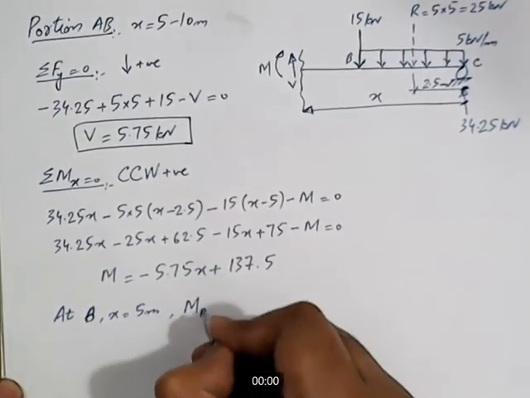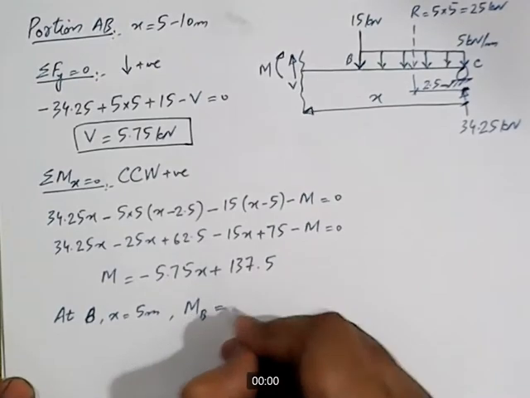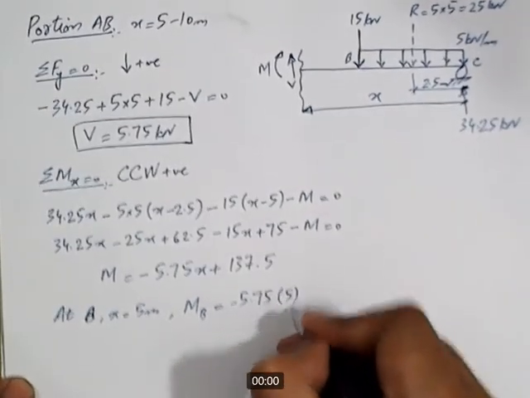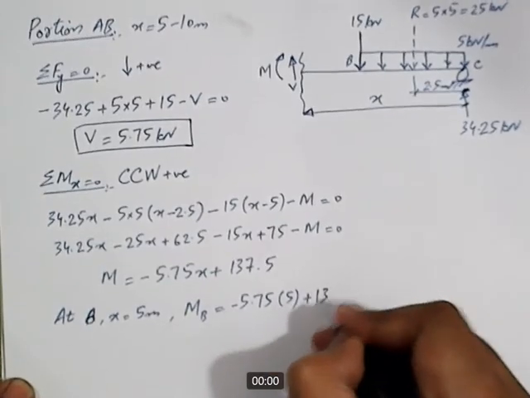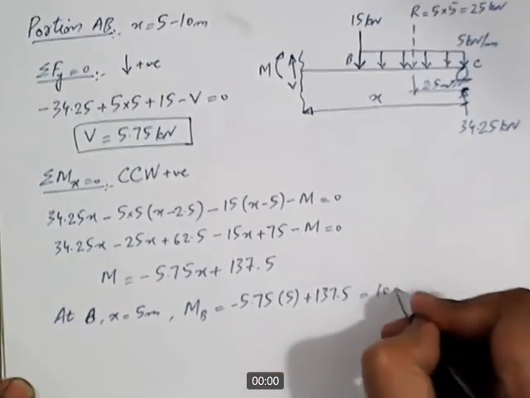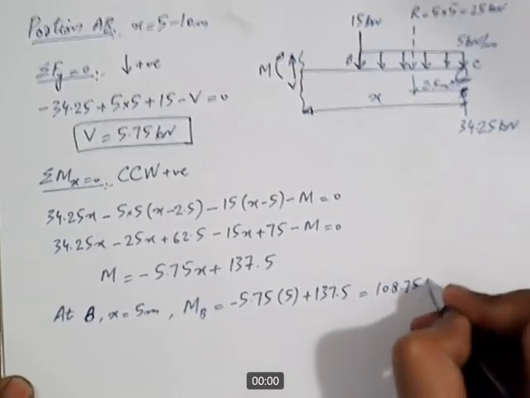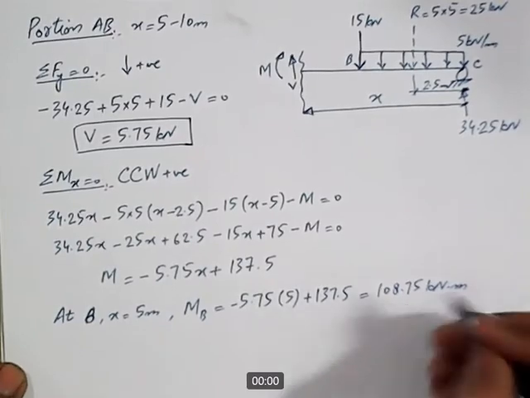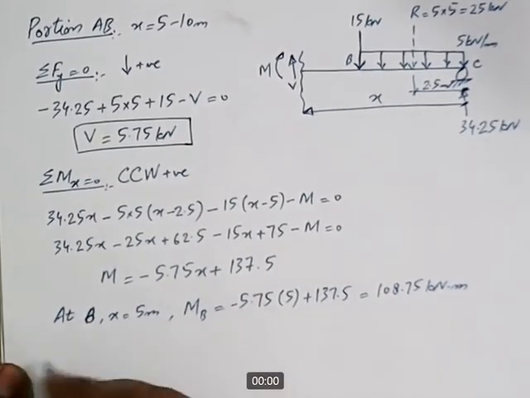So MB, if we plug in these values here, minus 5.75 into 5 plus 137.5, comes out to be 108.75 kilonewton meter, and this is exactly the same value of MB that we got from portion BC.